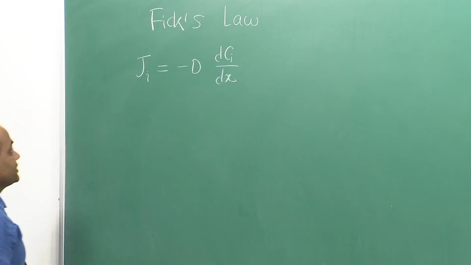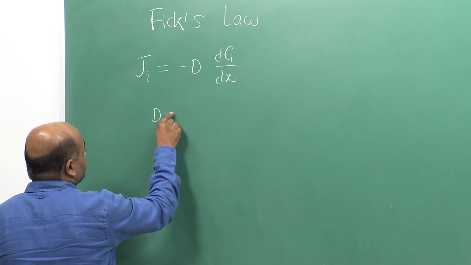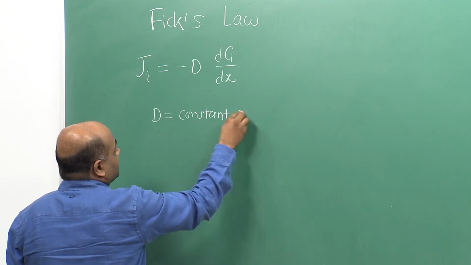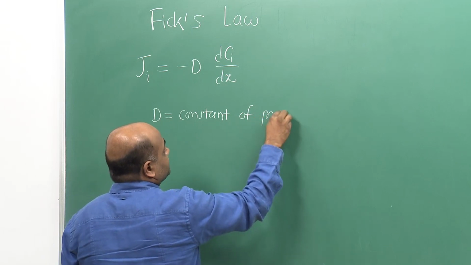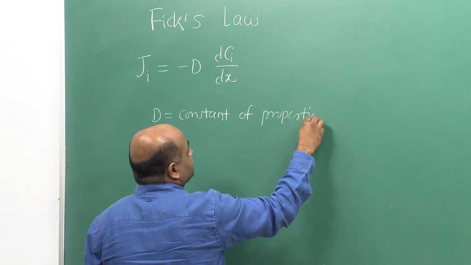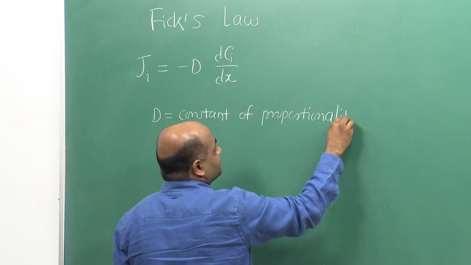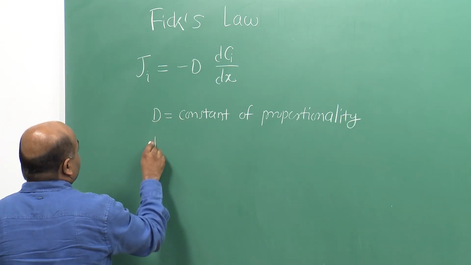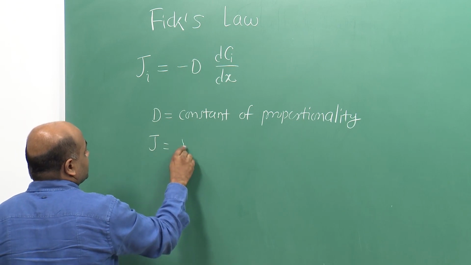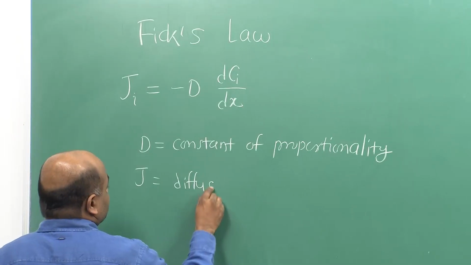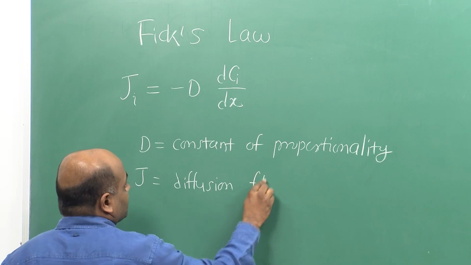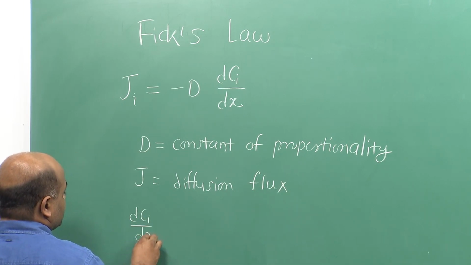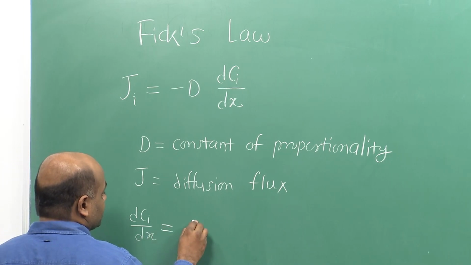In this case, this constant D is the constant of proportionality, J is the diffusion flux, and dC_i by dx is the concentration gradient.